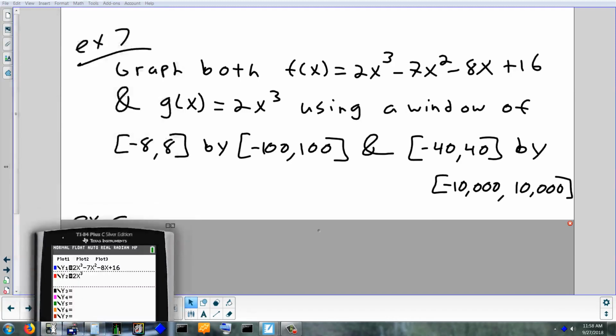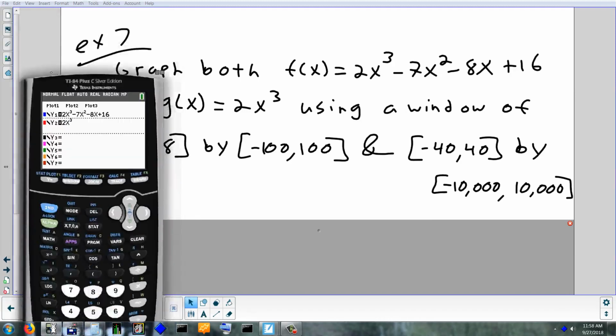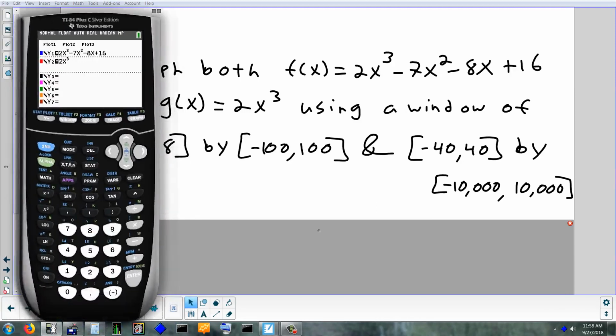The first window they tell me to use is negative 8 to 8, negative 100 to 100. They just picked that for whatever reason. Okay, and hit graph.